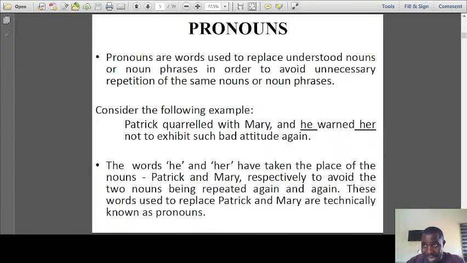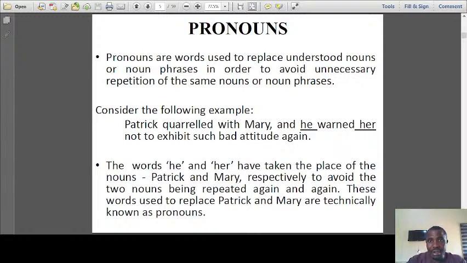It has a link with noun. But I think the best definition of a pronoun is a word used to replace understood nouns or noun phrases in order to avoid unnecessary repetition of the same nouns or noun phrases.